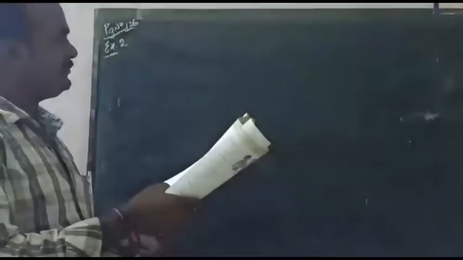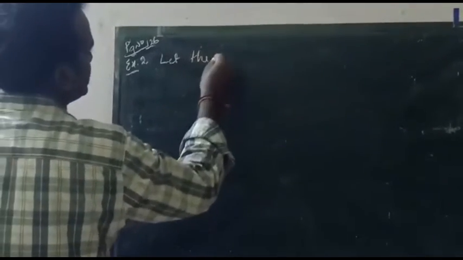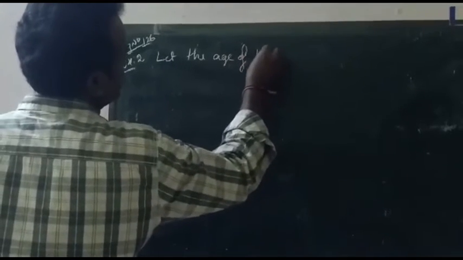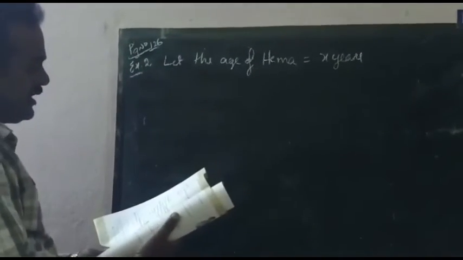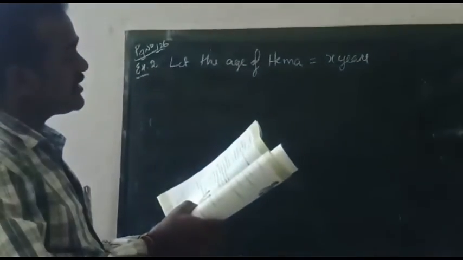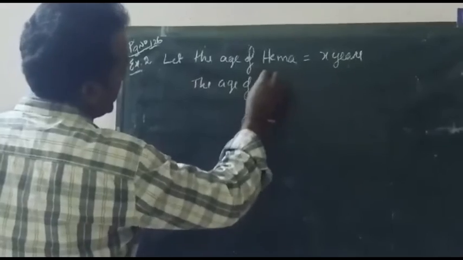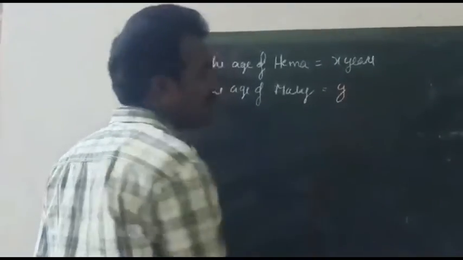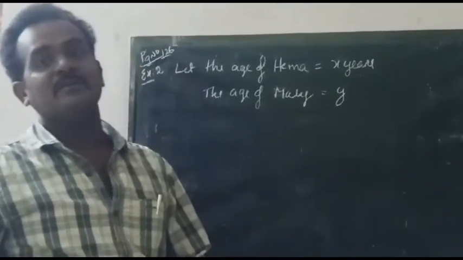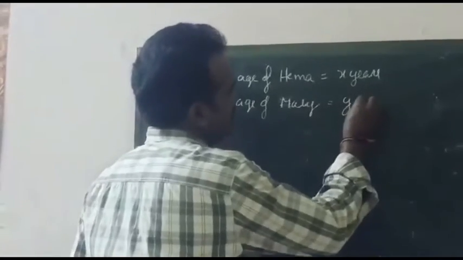First of all, write the data. Let the age of Hema be x years, and the age of Mary be y years.